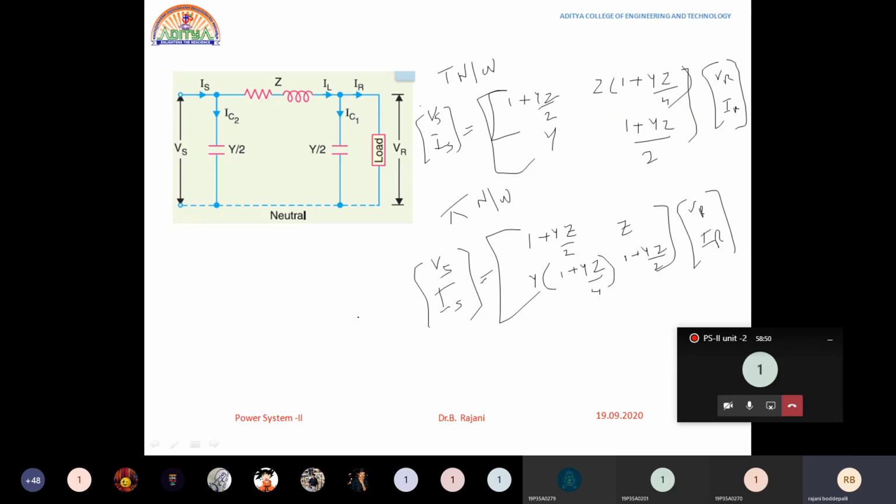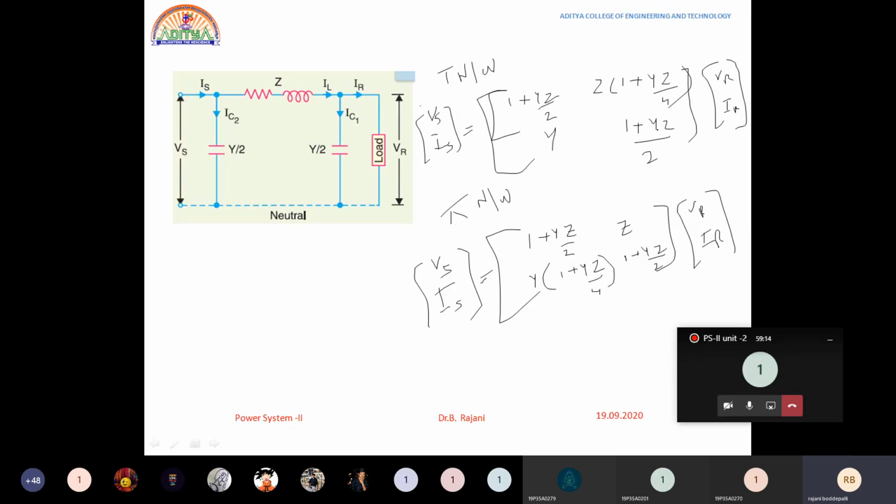Likewise, you can simplify the equations very easily once you know the values of the ABCD parameters. In some numericals, they'll give you only the Y and Z values and ask you to find Vs, Is, Vr, cos phi s, whatever it may be. In such cases, you have to remember these ABCD parameter constants so that you get the equations well.